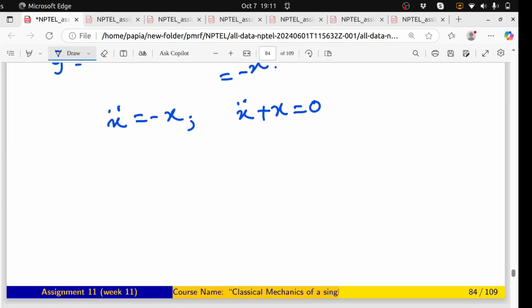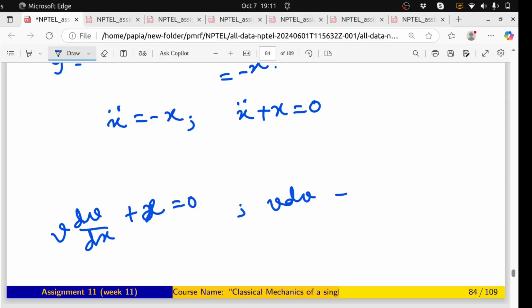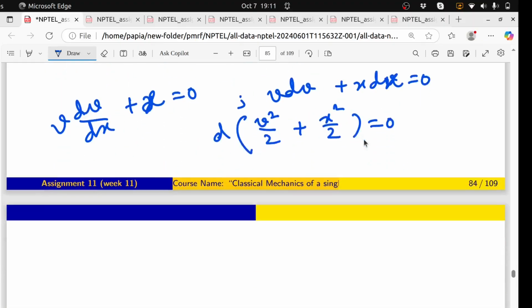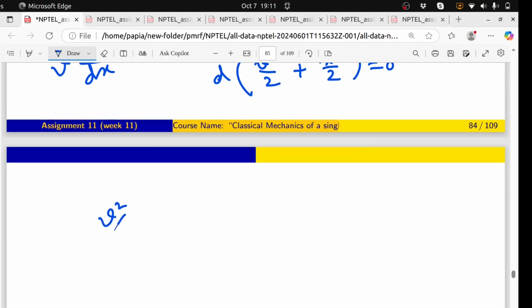So we can see that v dv by dx plus x is 0. So v dv plus x dx equals to 0. So d of (v square by 2 plus x square by 2) equals to 0. This will give us v square by 2 plus x square by 2 equals to constant.